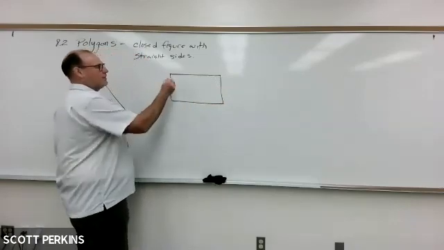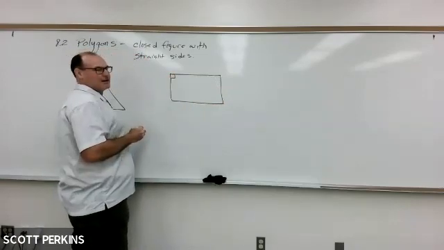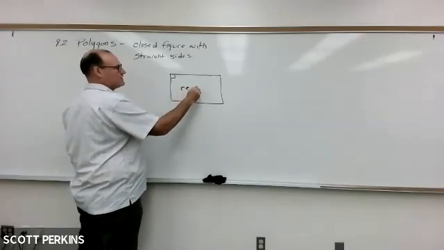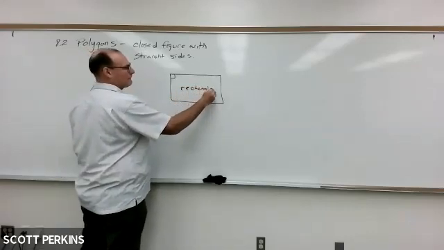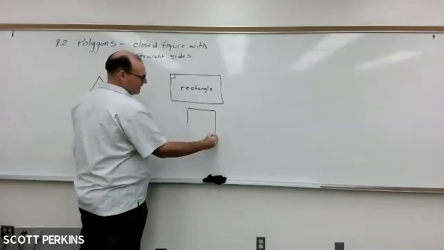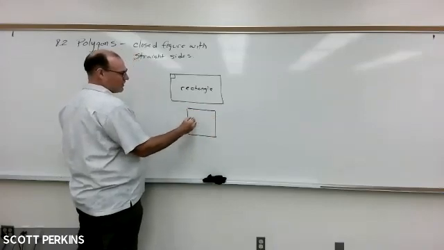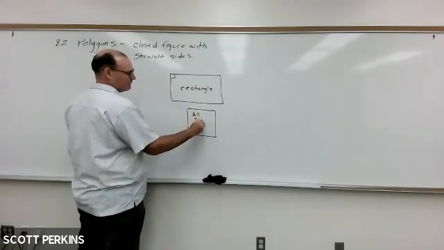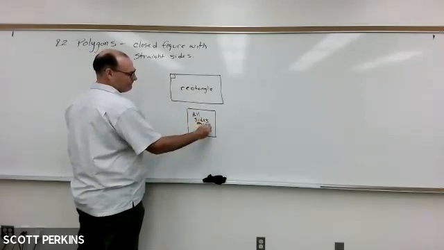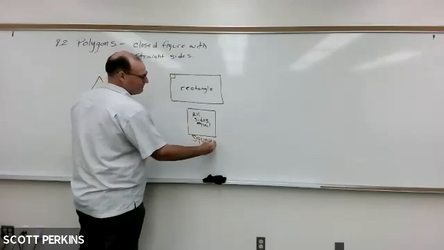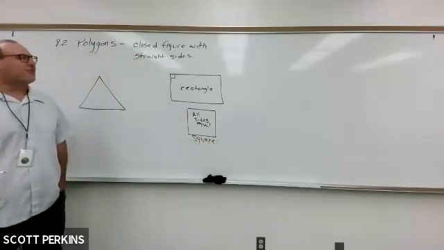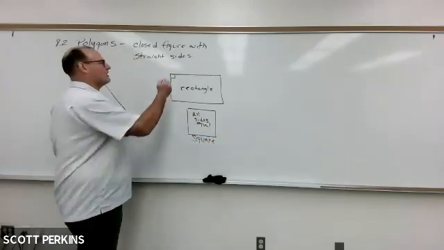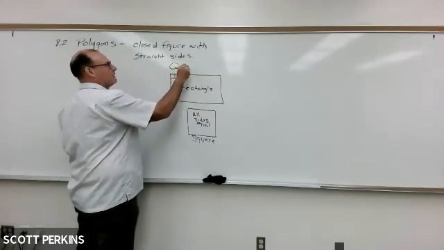Okay, so if I have a 4-sided figure, well, a rectangle is a 4-sided figure with 90-degree angles. So you're right, this is a rectangle. What's special about a square? A square is a rectangle that has all sides equal. That's a square. But more generally, anything with 4 sides is called a quadrilateral.